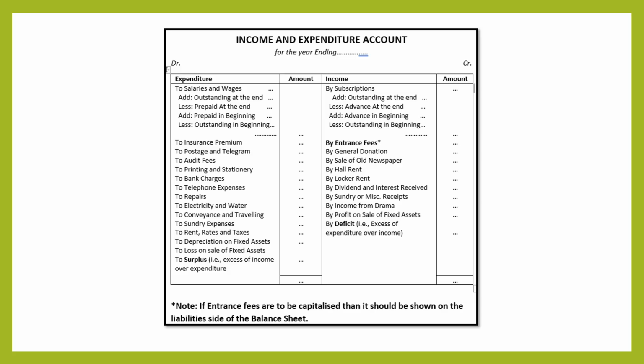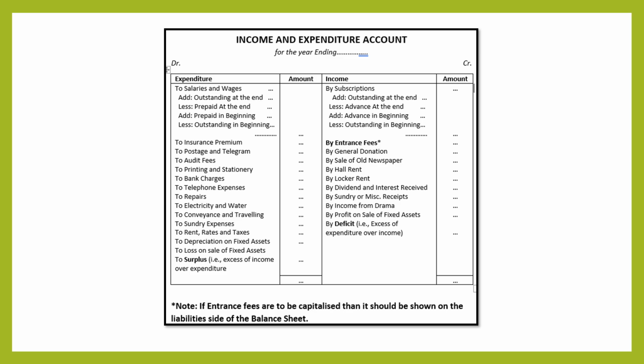Items of capital nature and the receipts and payments relating to the previous year or the following year are also excluded. So, the income and expenditure account is considered a nominal account, whereas the receipts and payments account was considered a real account. It is prepared at the end of the year.